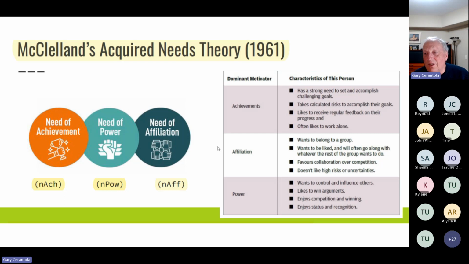Affiliation is I like to be liked, right? But wants to belong to a group, wants to be liked, and will often go along with whatever the rest of the group wants to do, favors collaboration over competition. And then the other one is power: wants to control and influence others, likes to win arguments, enjoys competing and winning, enjoys status and recognition.